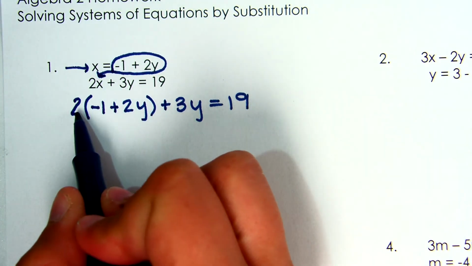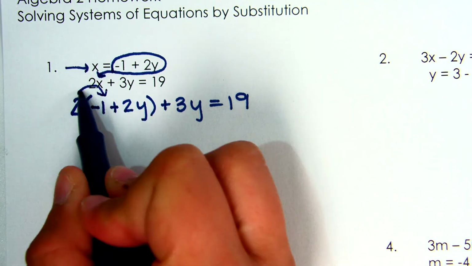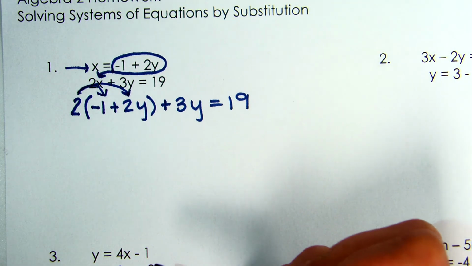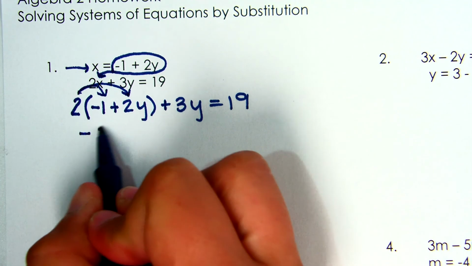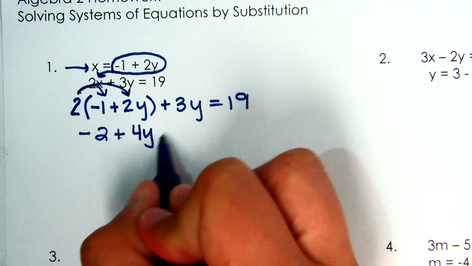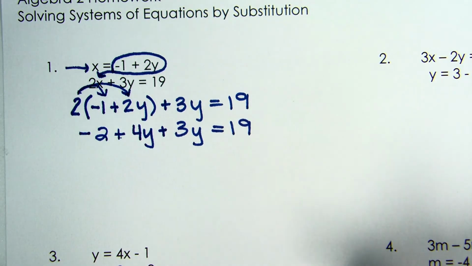The first step when I'm following PEMDAS is to multiply or distribute. So 2 times -1 is -2, plus 2 times 2y is 4y, plus 3y equals 19.